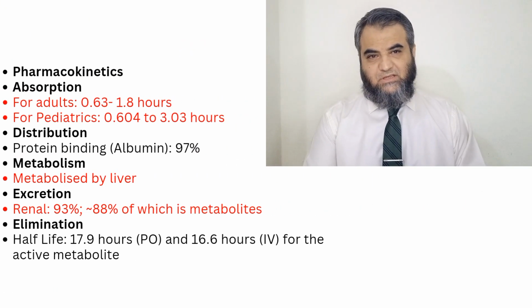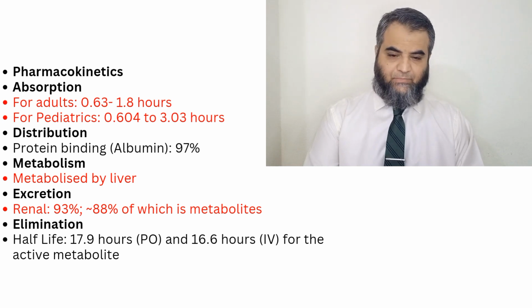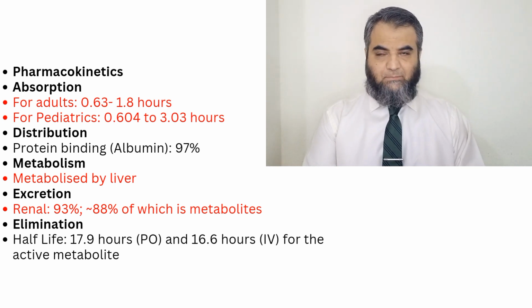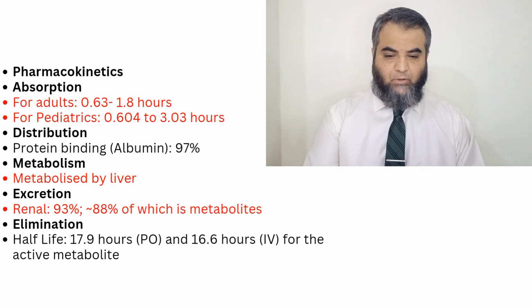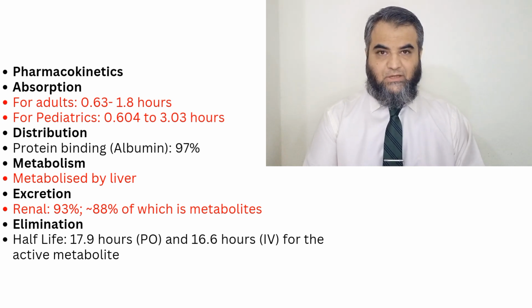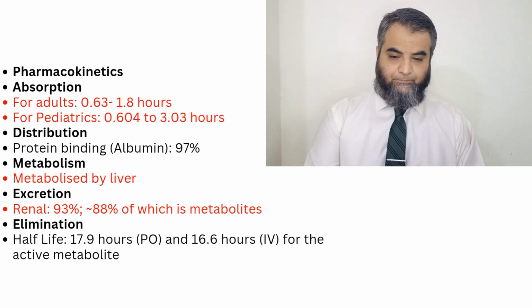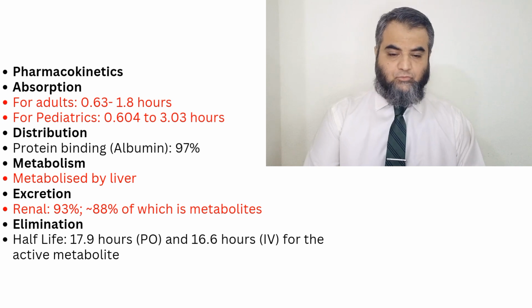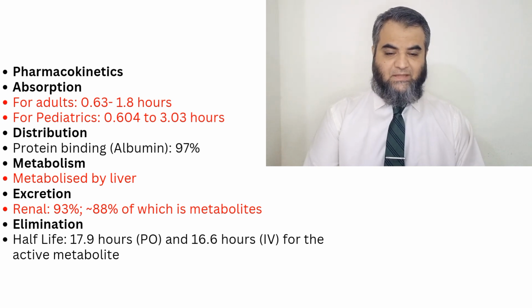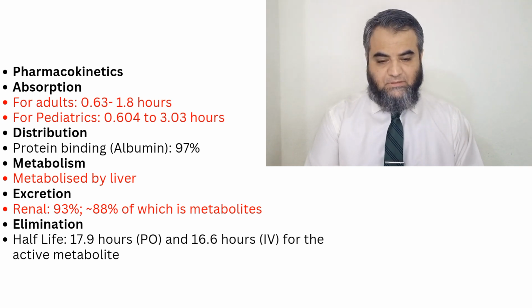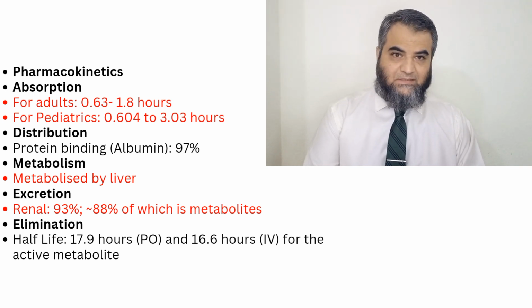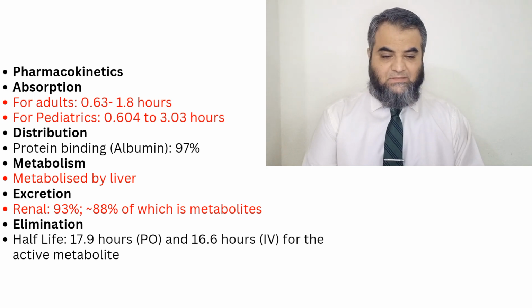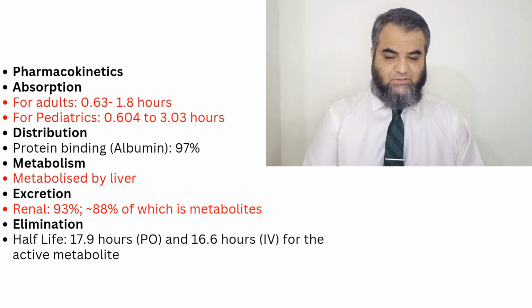Basically, let us discuss its pharmacokinetics. Its absorption time in adults ranges from 0.63 to 1.8 hours, while in children it can go up to 3 hours. Its distribution is by binding to albumin proteins, about 97%. It is rapidly and extensively metabolized in the liver by esterases.